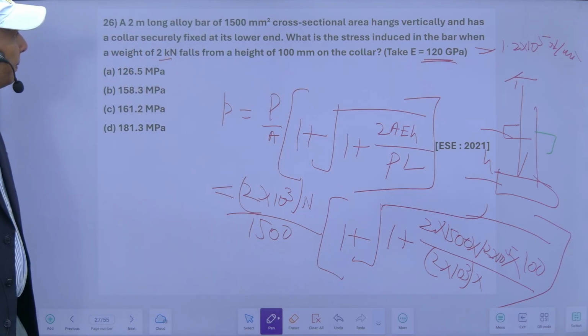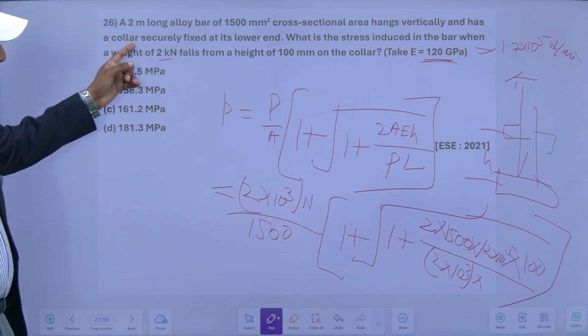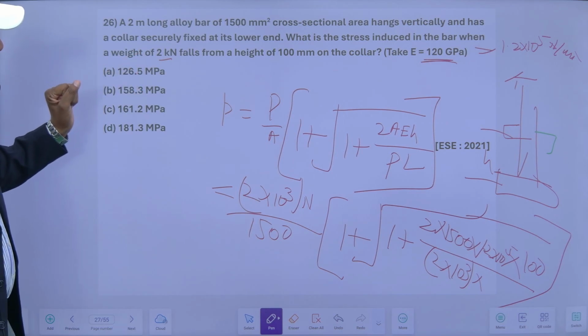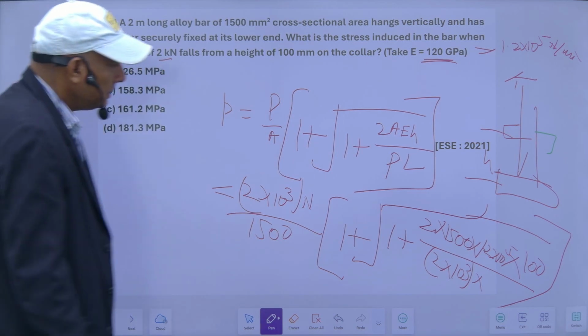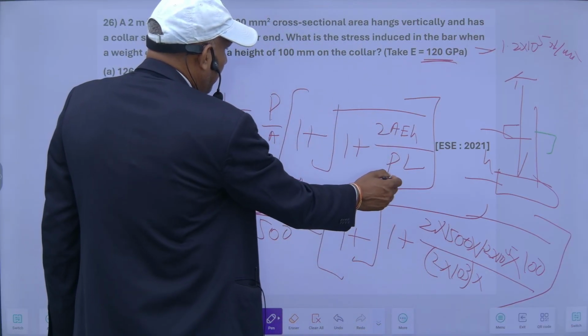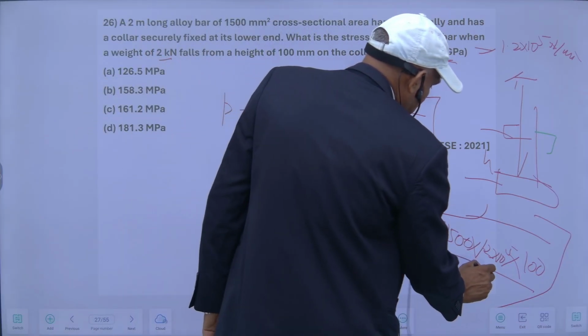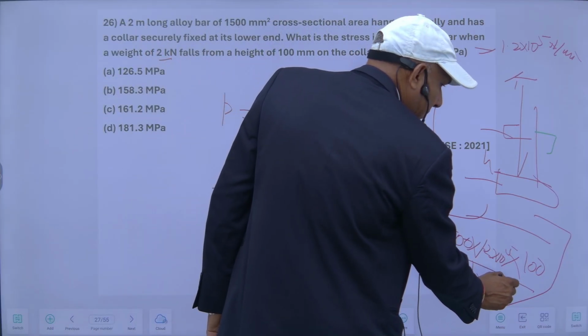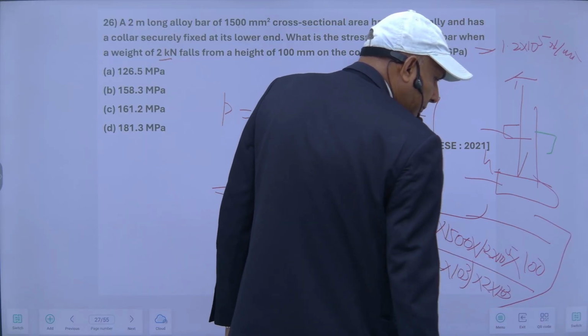Length here is L, and this is also 2 kilonewton. This is the force. This is also equal to this one.